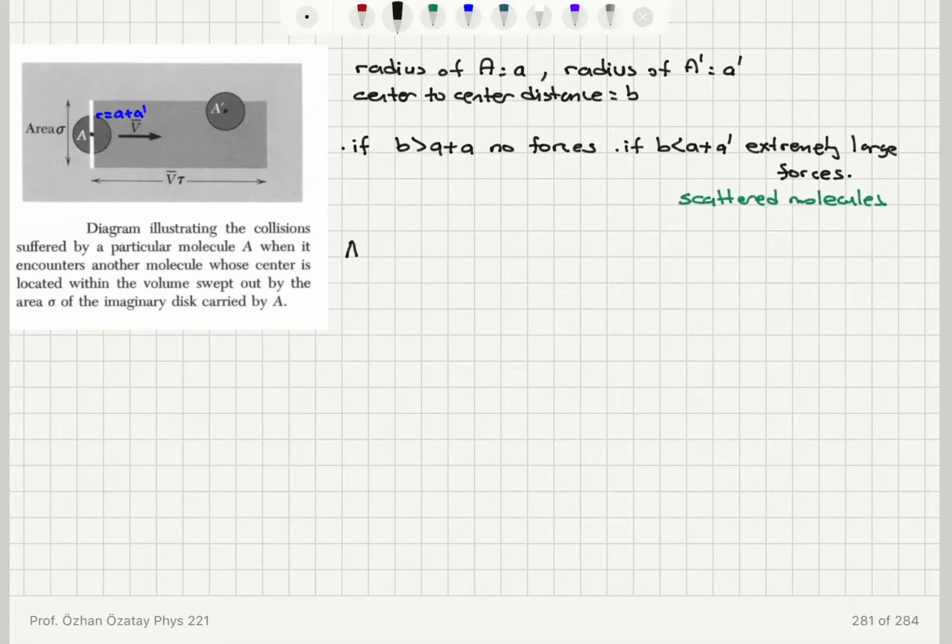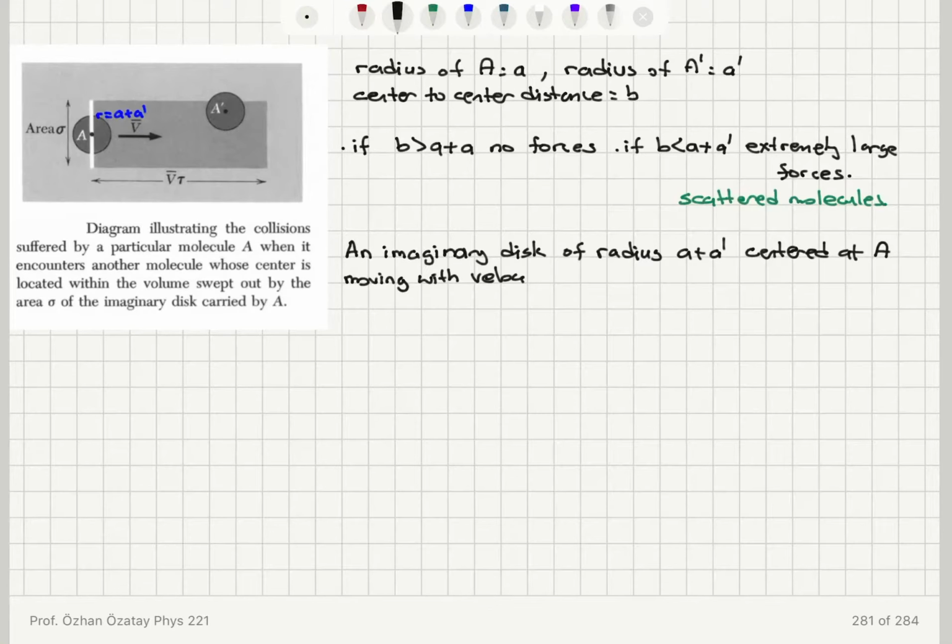So we have an imaginary disk of radius A plus A prime centered at molecule A and moving with velocity V with respect to the molecule A prime.